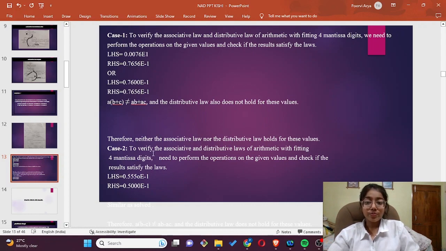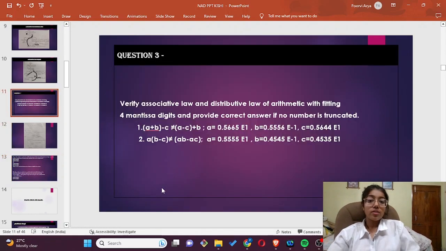In case 2, to verify the associative and distributive law with fitting, we need to perform where LHS was this and RHS was this, which wasn't the same either. So this question does not hold the value for associative law and distributive law for both questions, for 1 and for 2.